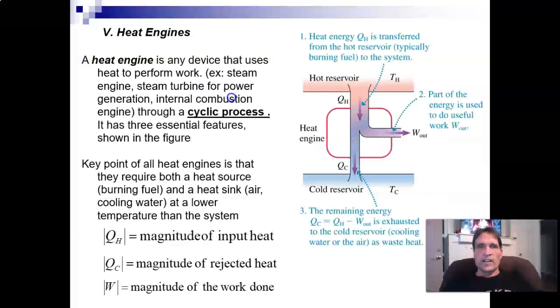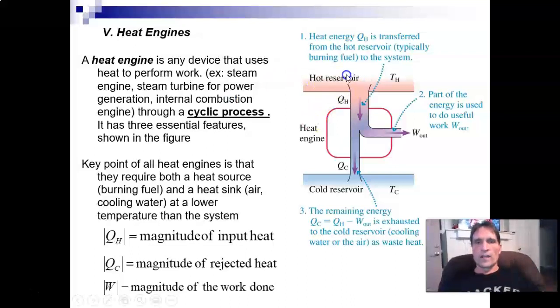So let's start with a heat engine, and we're going to draw this process using what's called a heat energy diagram. A heat engine, whether it be a coal-burning power plant or a four-stroke automobile engine, always has a hot reservoir, in this case the hot furnace of the coal-burning power plant, which is a source of heat at a high temperature.